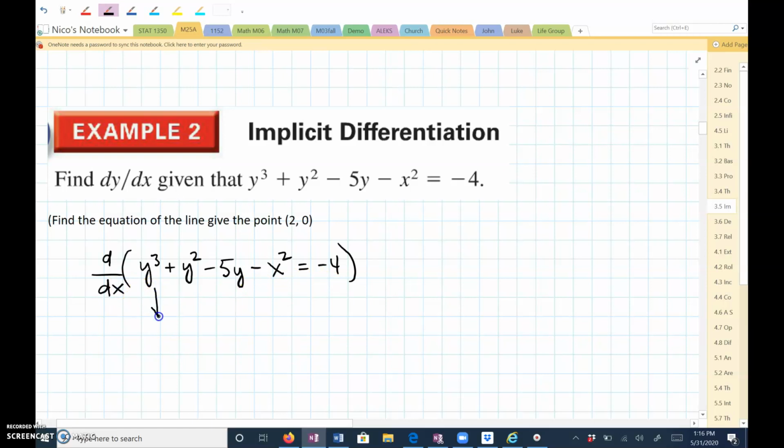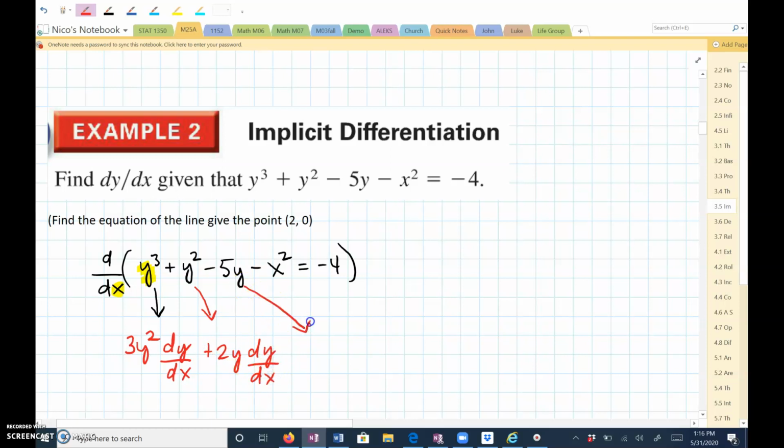Here, implicit differentiation will apply because this is not with respect to x, it's with respect to y. So I'm going to do 3y squared, and the only difference is now you have to multiply this by dy dx. This would be very similar, so this would be plus 2y dy dx.